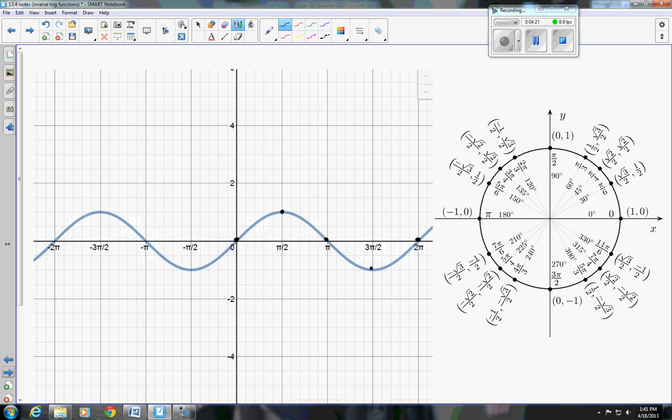The sine curve shows up in lots and lots of different applications, meaning anything that repeats itself can be modeled with it, like alternating current, anything with electricity.